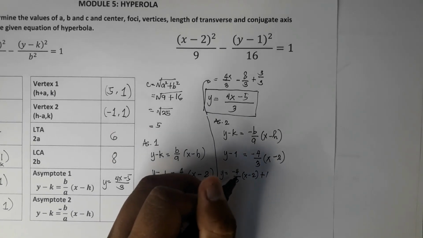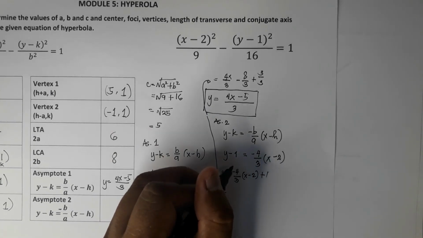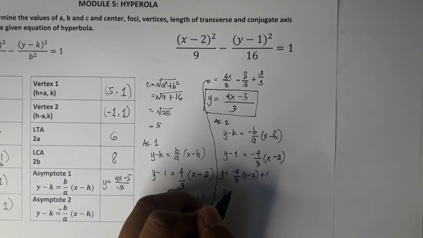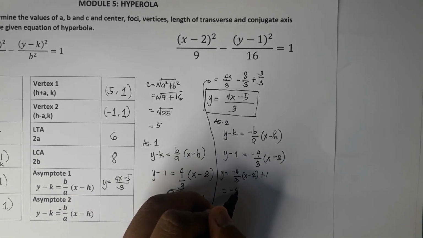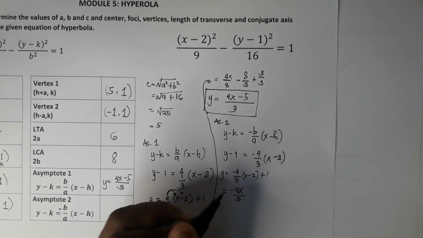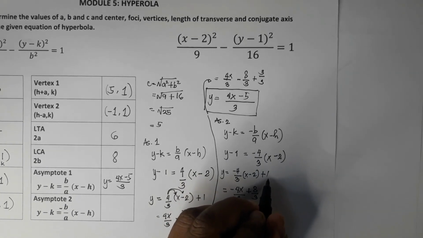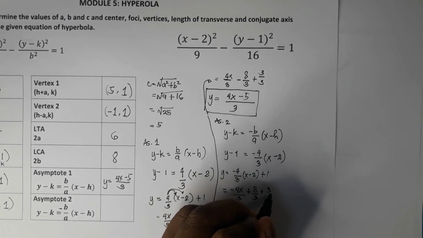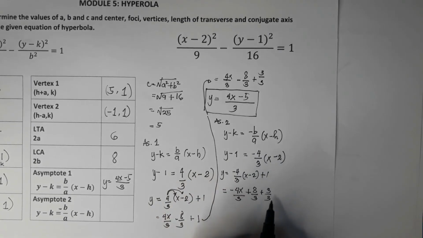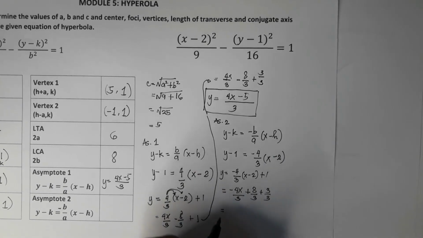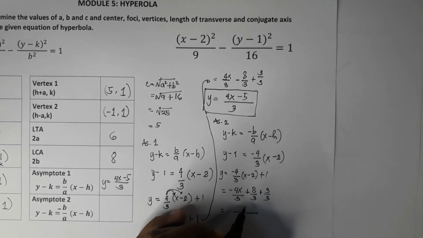Then, i-distribute natin itong negative 4 over 3 sa x and 2. So we will get negative 4x over 3 plus 8 over 3. Gagawin natin tong plus 3 over 3, kasi 1 din naman, para pare-pareho na lang yung denominator nila. Okay? So, dahil pare-pareho, copy the common denominator.